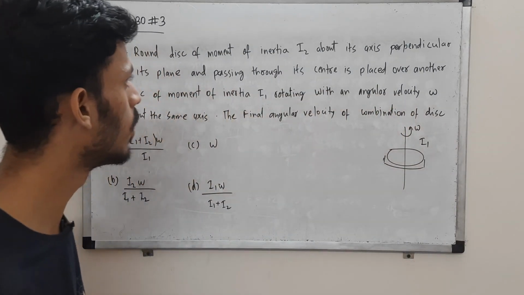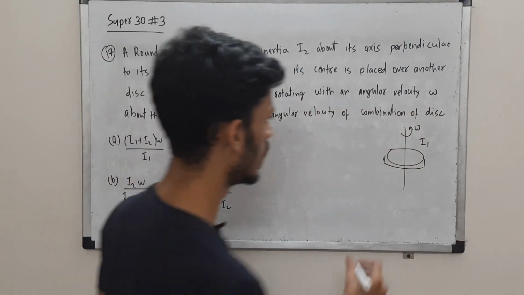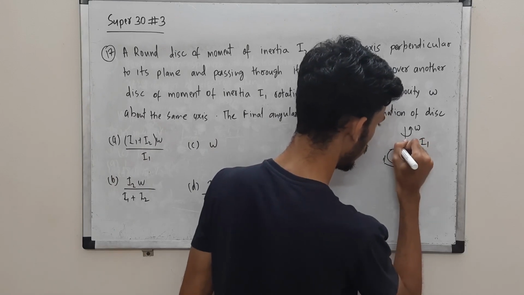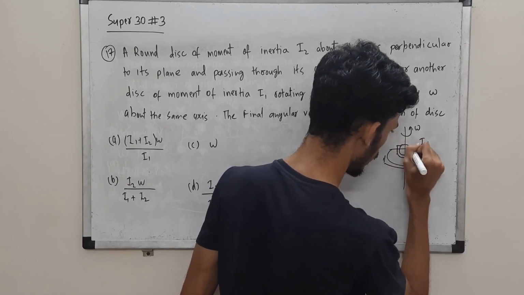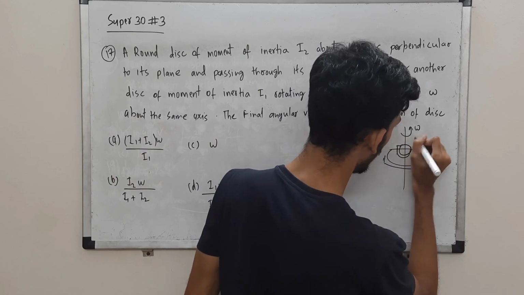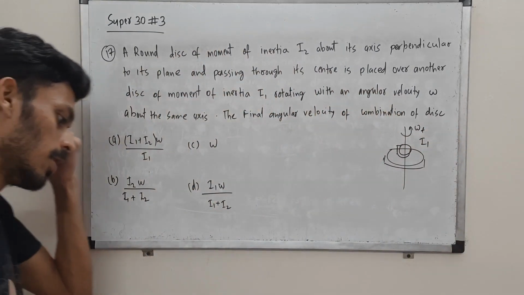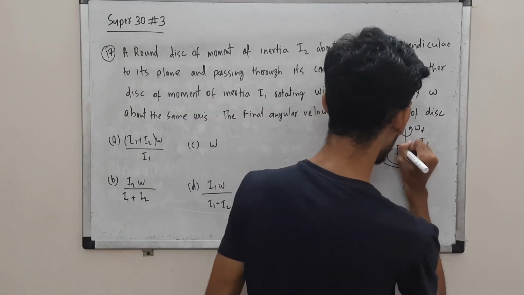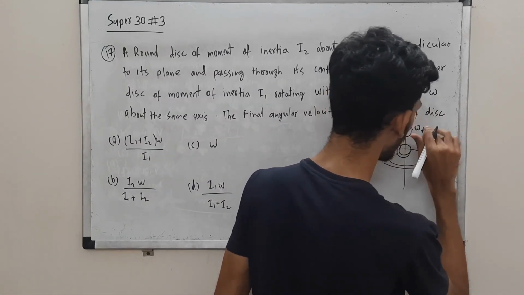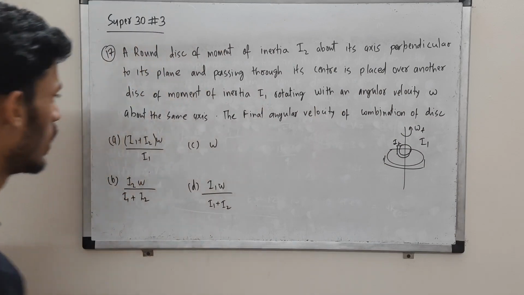We are going to put another disk of moment of inertia I2 about its particular axis. Now this will have some final velocity, right? When you introduce another disk of moment of inertia I2, the angular velocity will change.